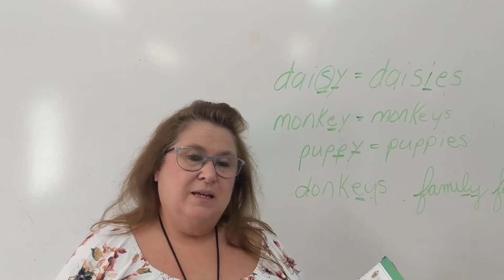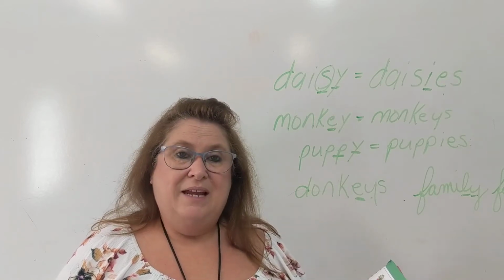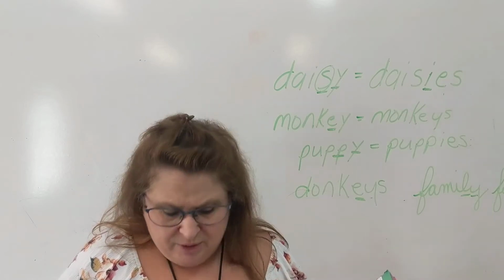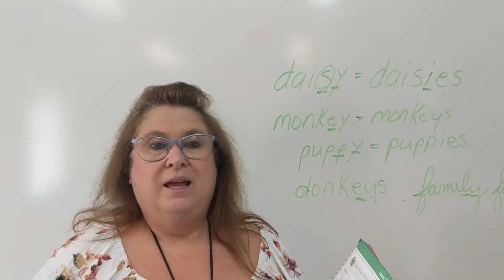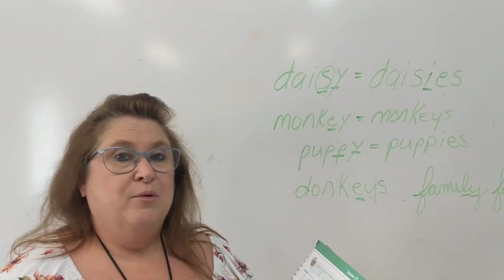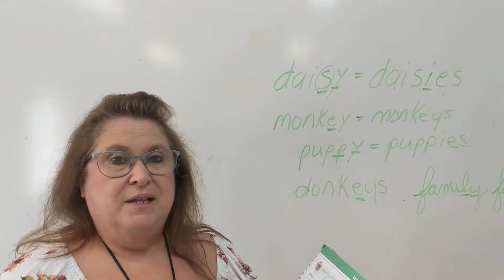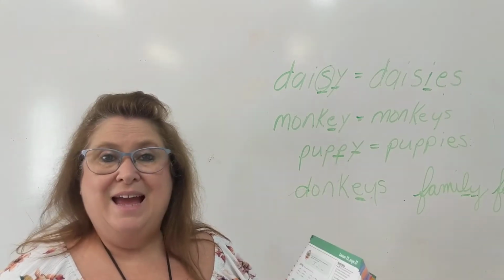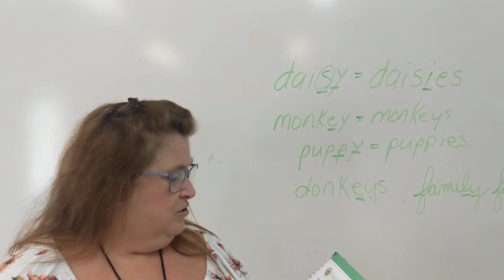The next one is lady. To make lady plural, we notice lady ends in a Y. So we look at our letter in front of our Y, and it is a D, so it is a consonant. So we're going to, say it with me, change our Y to I and add ES. So do so.